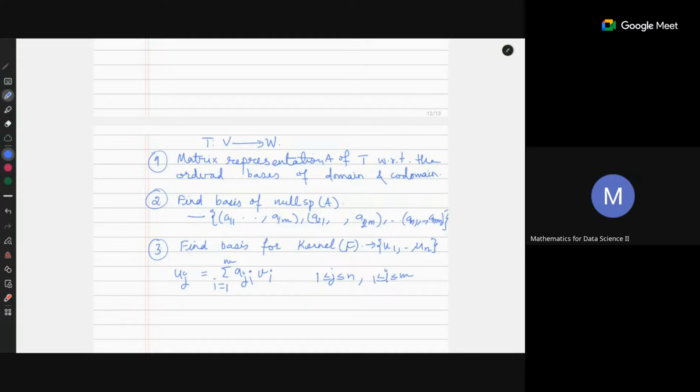Anyway, this is a very general thing. You will not get this general thing. You will get just one vector, one coordinate, or two coordinates in the null space, and then you can express the corresponding two vectors. Okay, so we stop today's discussion at this point.